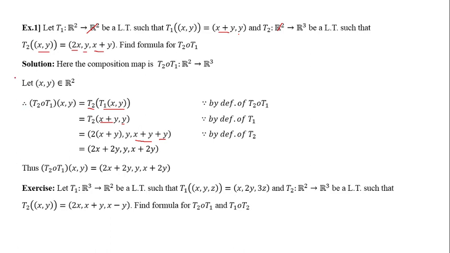Using this example, you can find the formula for these composition maps. So up to this, we have seen properties of linear transformation. Let's stop here.